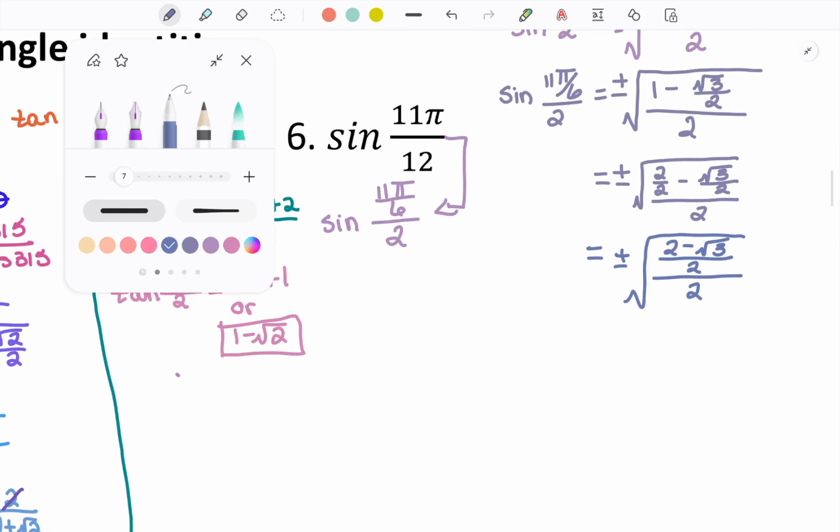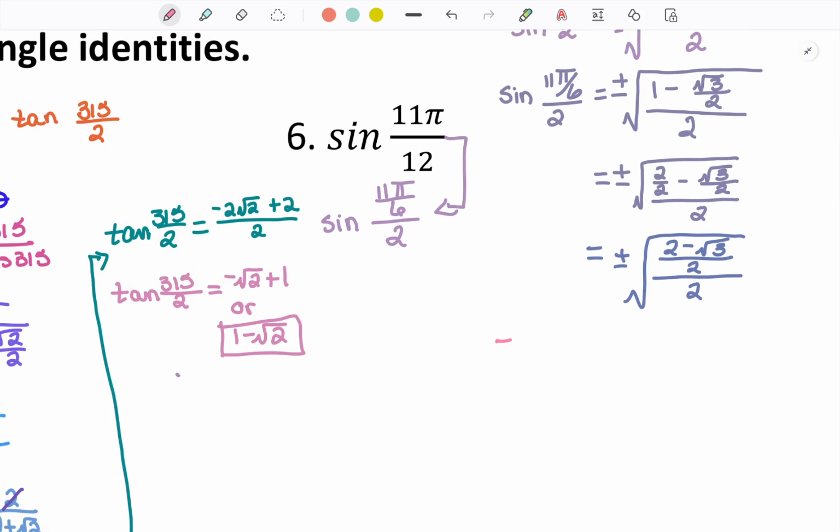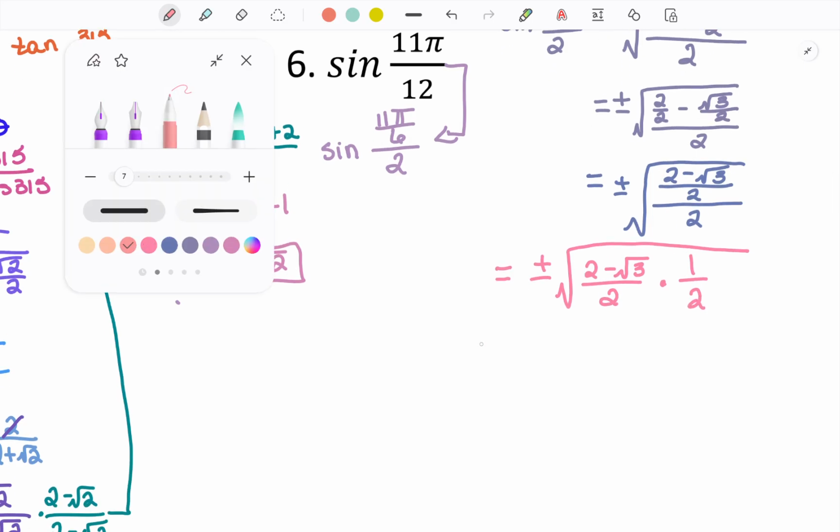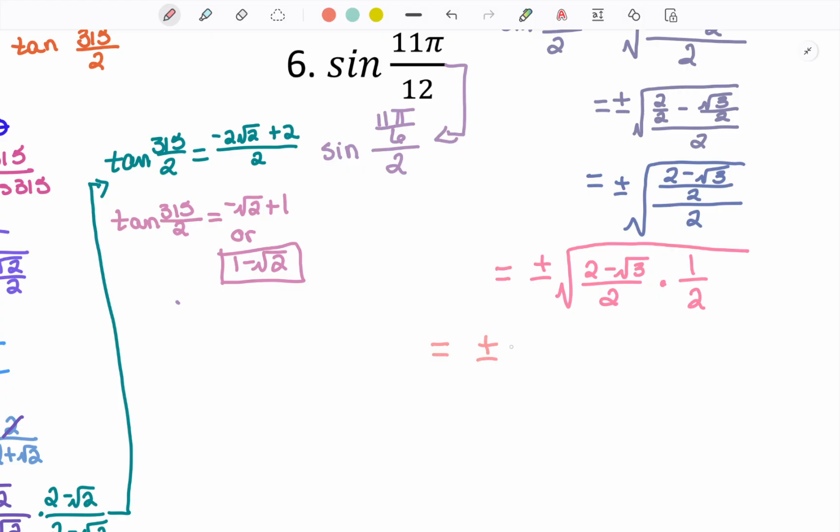And then we are going to flip and multiply. So we've got 2 minus the square root of 3 over 2 times 1 over 2. So we have plus or minus 2 minus the square root of 3 over 2, and actually that's going to be over 4 because we multiply those together.